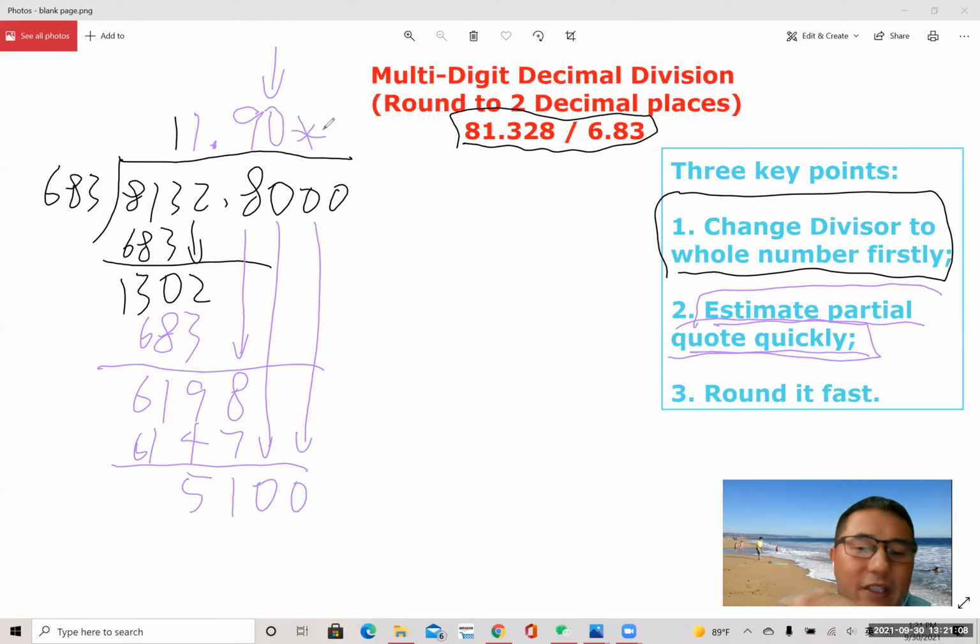To decide, for example, here use the key point 2, which means estimate the partial quotient. But actually, we don't really need to do it. The reason is we don't really need to know if it's 6 or 7 or 8. Not necessary.